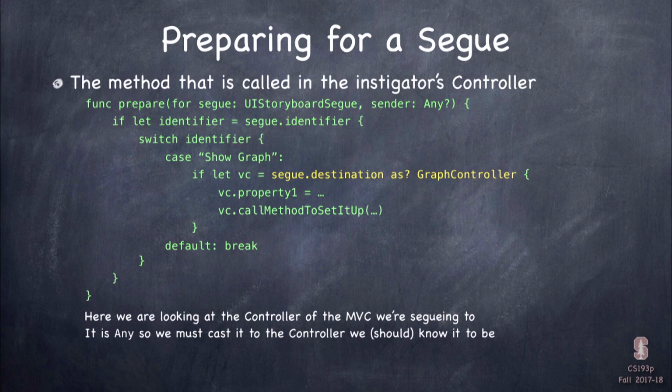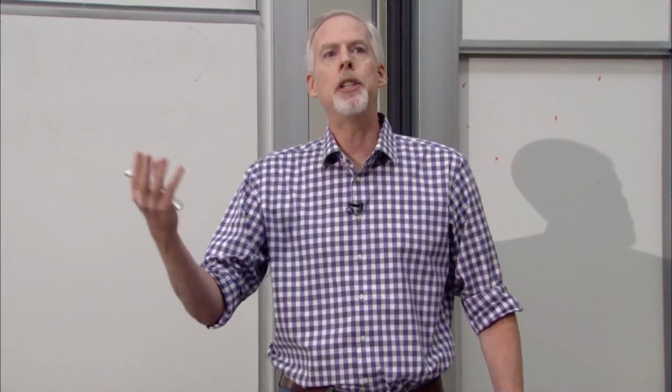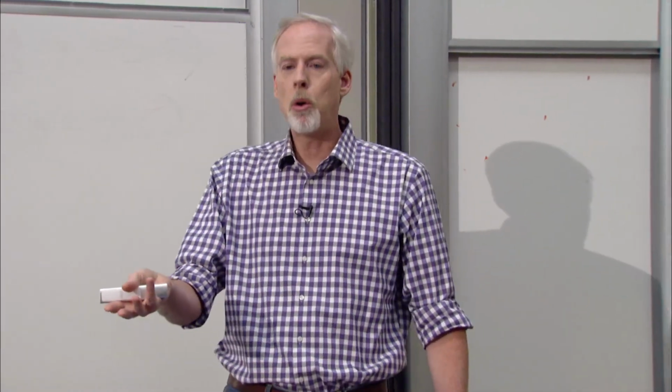That's because the UIStoryboardSegue class, its var has to have a type, and it can't know anything about a graph. It was written by Apple years ago. So it's of type UIViewController. That means we have to use as, the typecasting, to downcast it to the kind of MVC controller we think this is, based on which segue it is. So in this case, it's the calculator case. I think it's a graph controller that controls one of these graphing things, and so I'm going to downcast it.